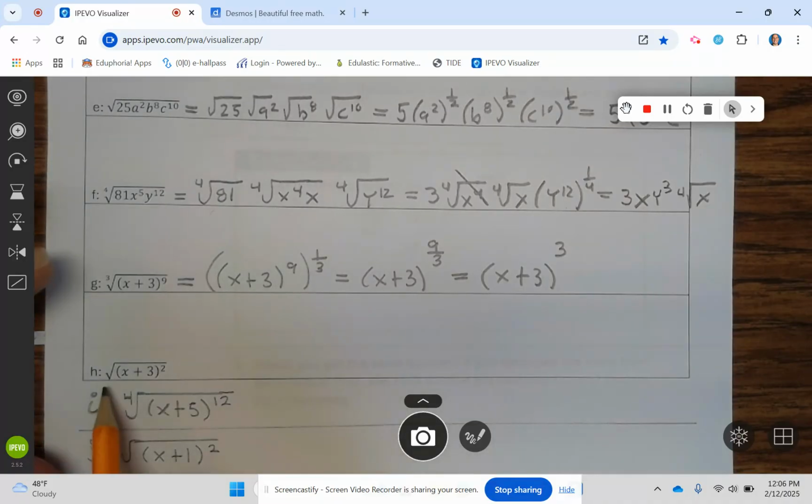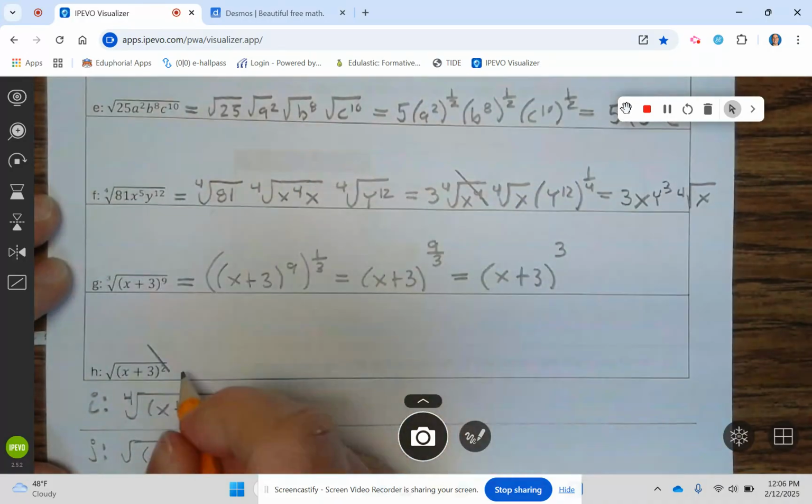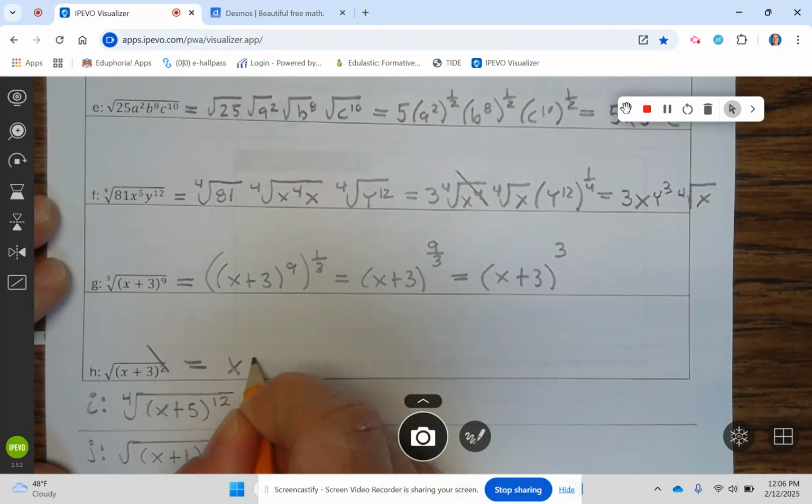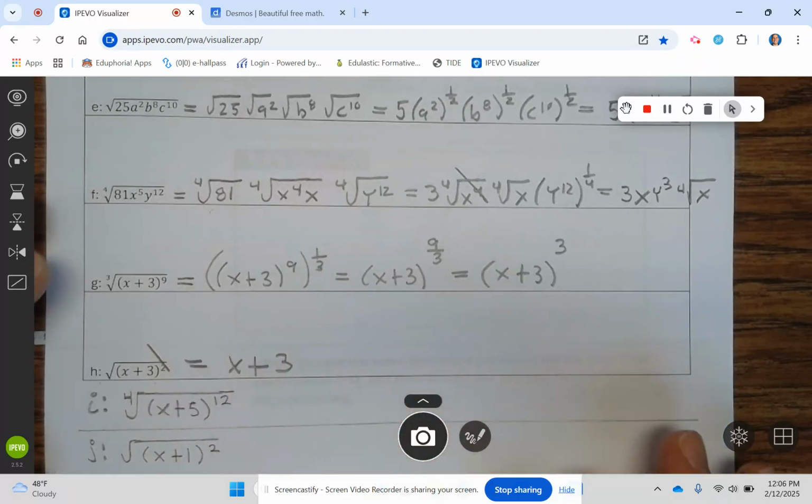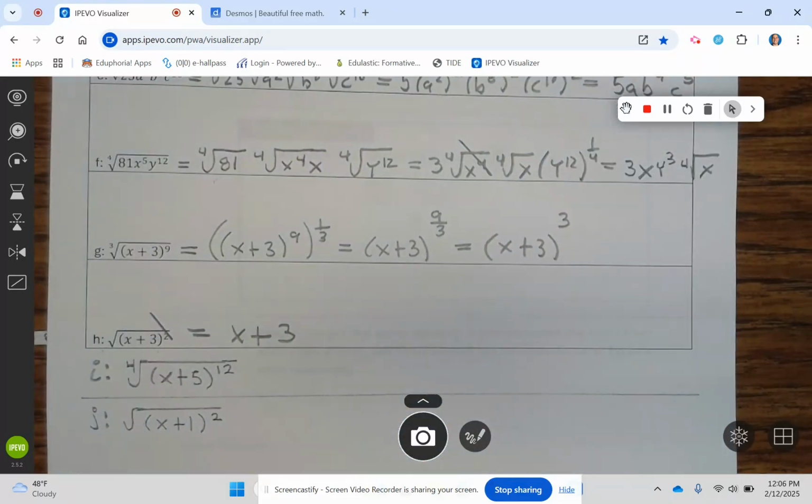Okay, now the square root cancels the squared, so that equals x plus 3. Alright, go and finish writing those down, and then let's take a look at the next page.